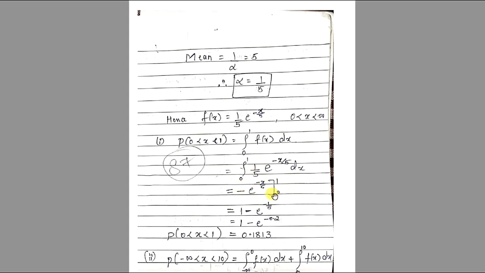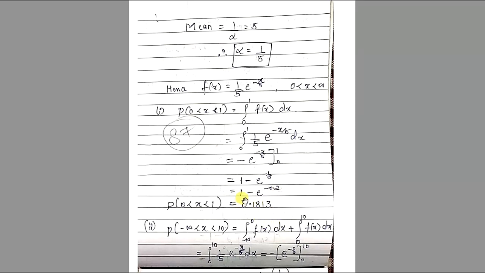So it is e to the power of minus x by 5 between the limits 0 to 1. When you apply the limits, you will get 1 minus e to the power of minus 0.2, since minus 1 by 5 is minus 0.2. Now when you simplify with the calculator, you will get 0.1813.